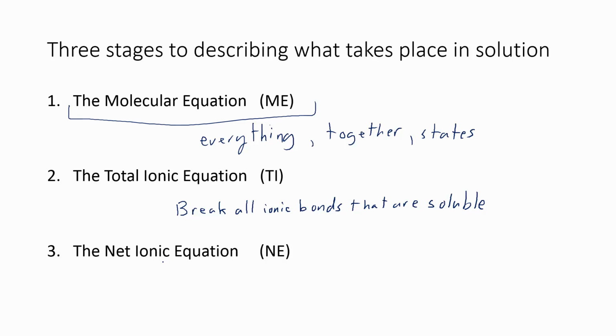Then after that, we go through and take out just the ones that are actually doing something and list those separately. So what we look for are only the things that actually change between reactants and products. Everything else we refer to as a spectator.